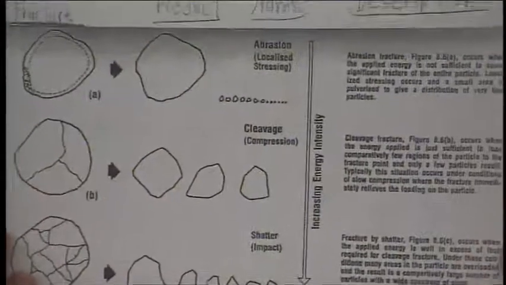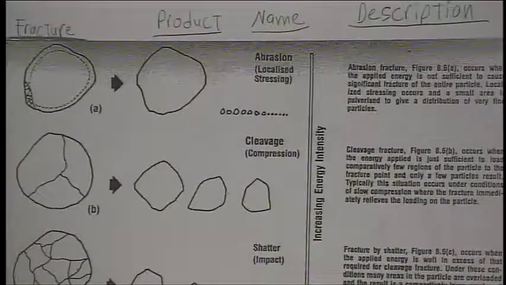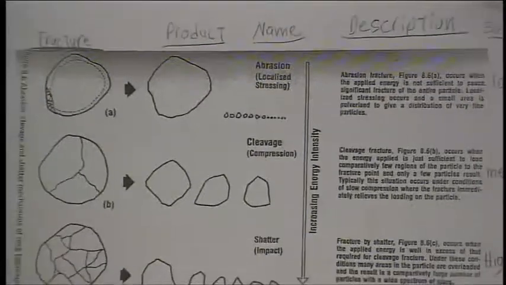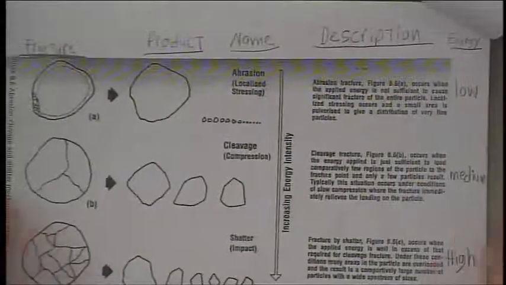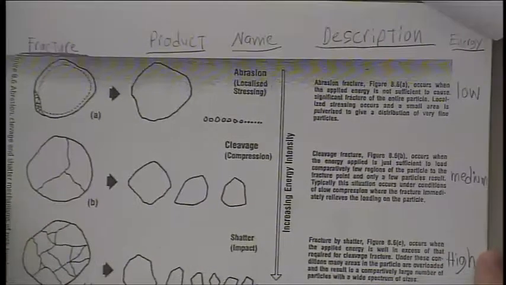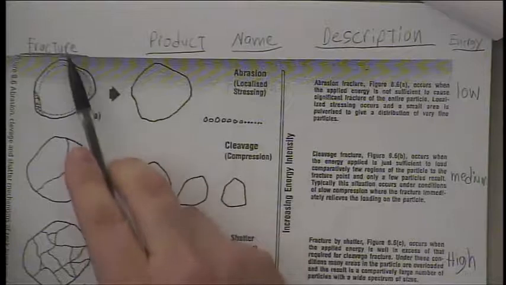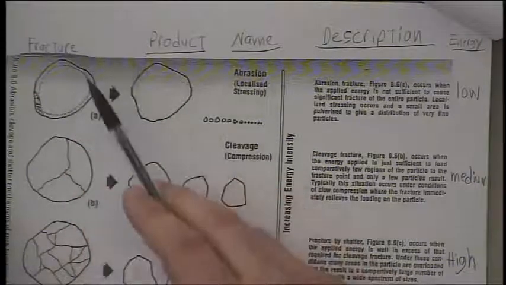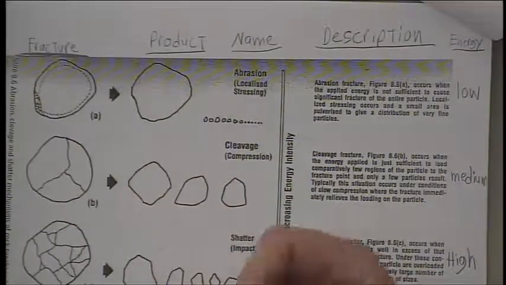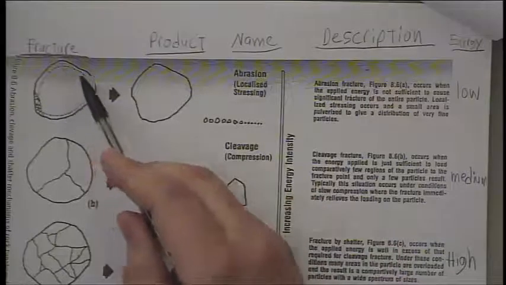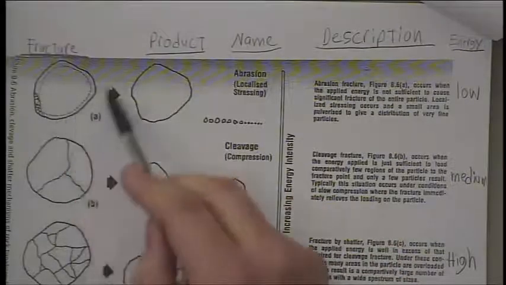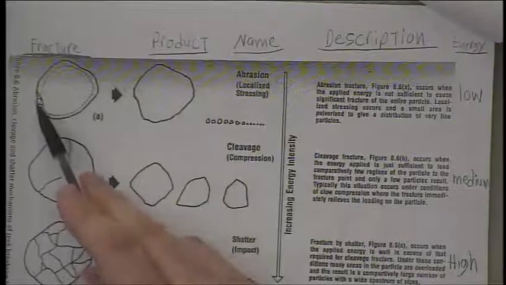I really liked what they had in the Aggregate Handbook, but I added a few things and made it more of a tabular format where you can see your fracture, and with different forces, how your rock fractures even if it's the same rock.